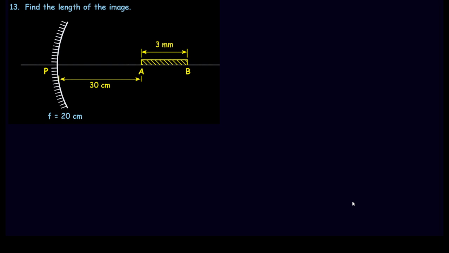That's why we directly use the formula we have just seen. The length of the image is equal to minus m square into the length of the object, which is equal to minus of f by u minus f whole square into du.